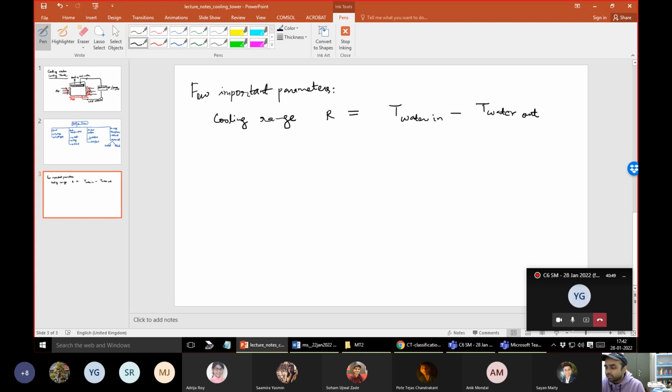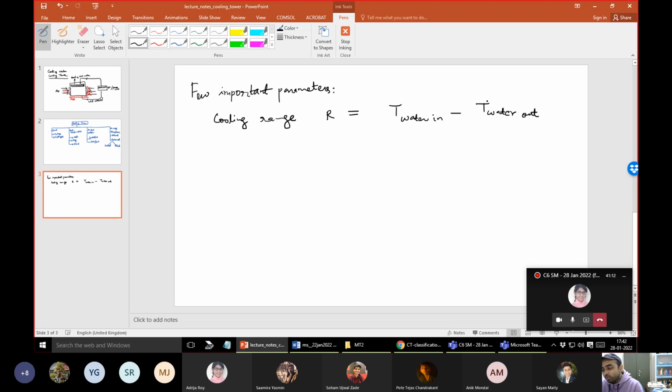Right, so it's the cooling range that determines how the tower design will be made. What is the inlet of the cooling water and what is the outlet of the cooling water through this cooling tower determines the cooling range. As far as industrial practice is concerned, most cooling towers are designed to operate for a range of 10 to 15 degrees.